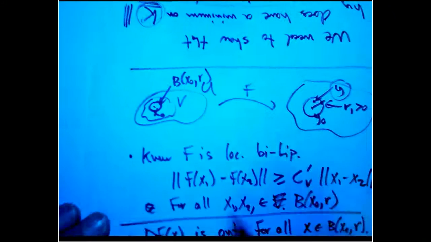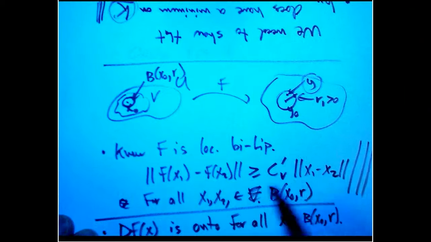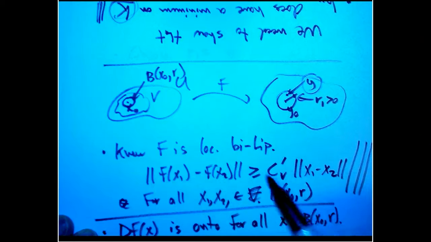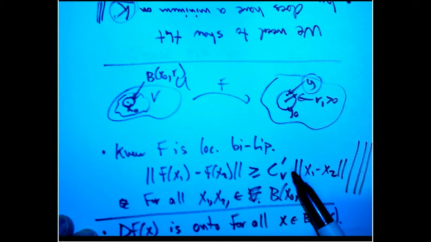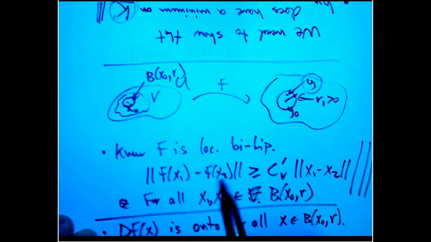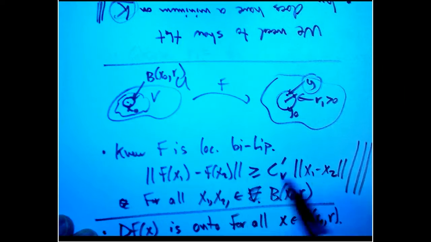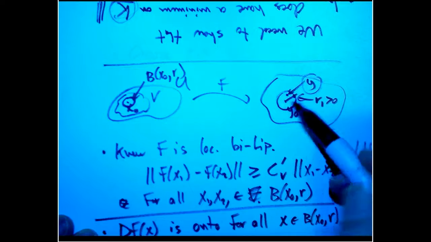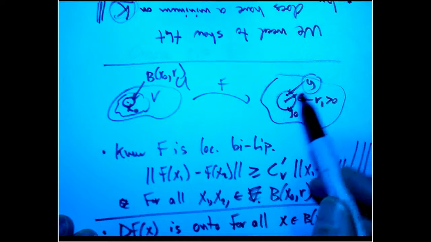Okay, so C prime, the smaller C prime is, the weaker this condition is, the closer it is to failing. And so including C prime is really important to get the right wiggle room here. If the distance between the outputs is actually only known to be greater than or equal to 1,000th of the distance of the inputs, then it's not really very certain that I can go very far out here before things screw up.